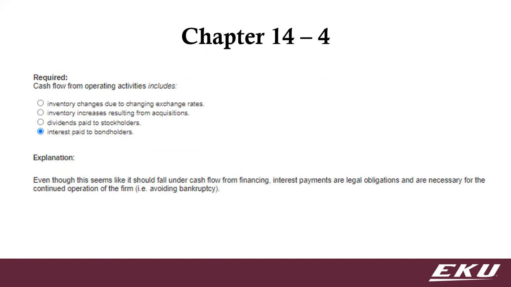This part about the cash flow from operations having the interest paid to bondholders is just one of those little asides, almost not a trick question specifically, but it kind of reads that way a little bit. Because technically it is a financing cost, but no, you need to put it under the cash flow from operating, because it is a legal obligation. So it's like a bill more than a financial payment.